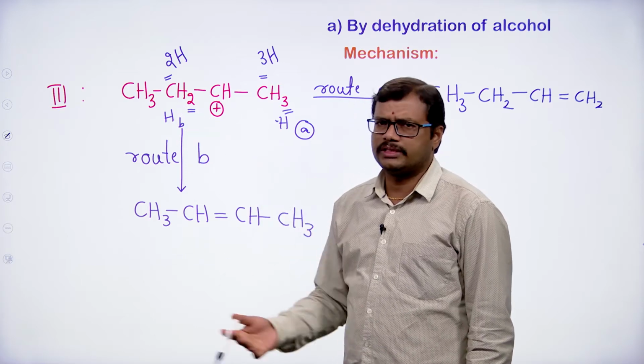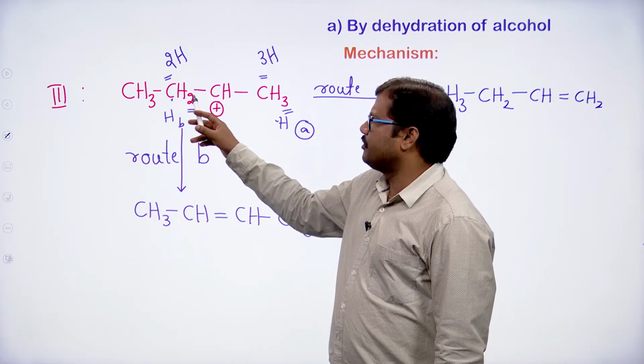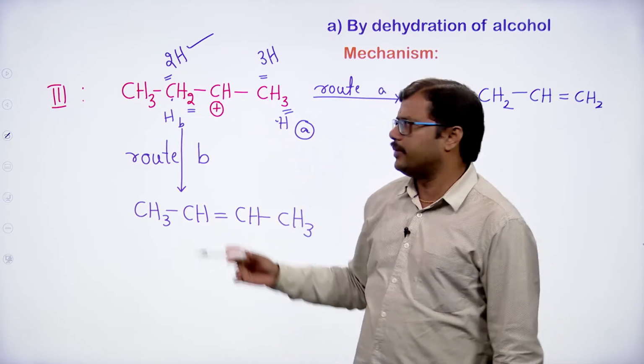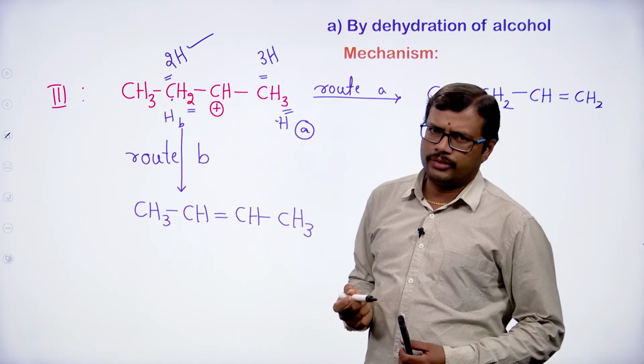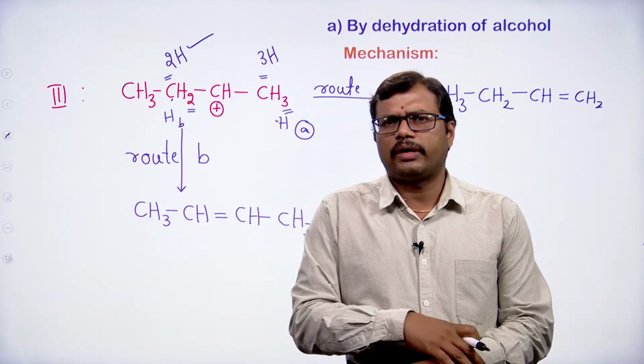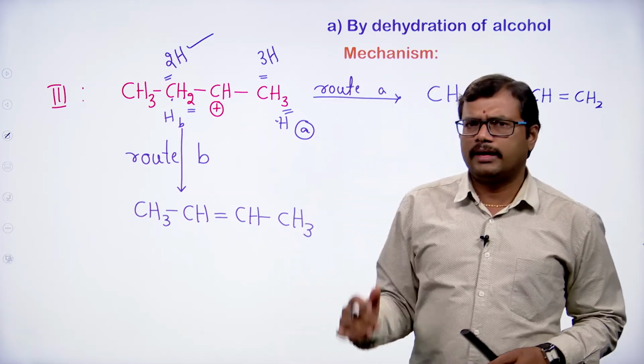The H plus, the proton, is removed from that carbon. This carbon has 2 hydrogens only, whereas this side we have 3 hydrogens. So, first look at the carbocation that is formed from the loss of water molecule from the protonated alcohol.